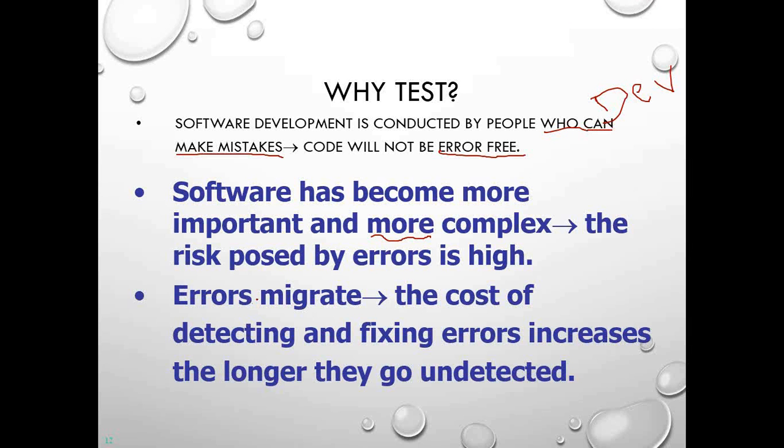So the more complex the application, the higher the risk would be. When you have a higher risk, that means high errors are expected. Think about it, if you have to develop a one-page application, you can have fewer defects, fewer errors. The error rate will be low. On the other hand, if you have to design 15 pages, the error rate will be high because you have more work, more issues.